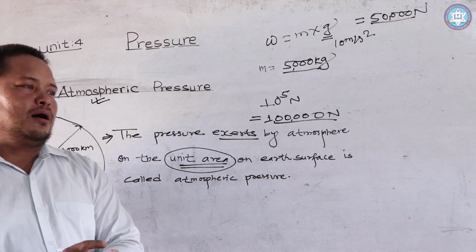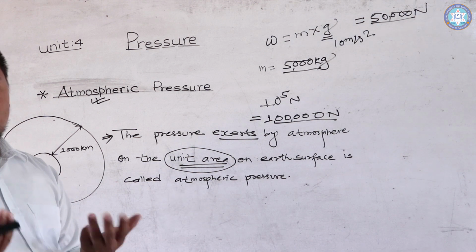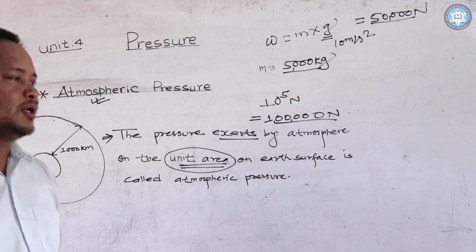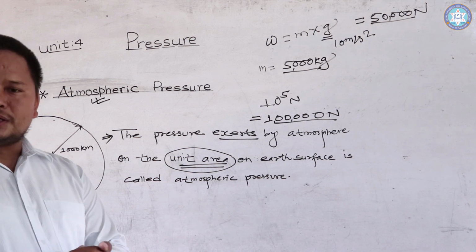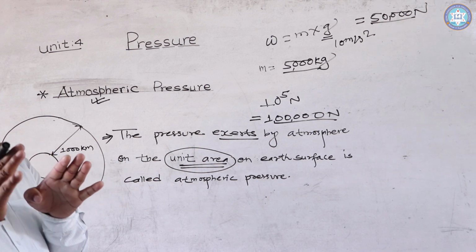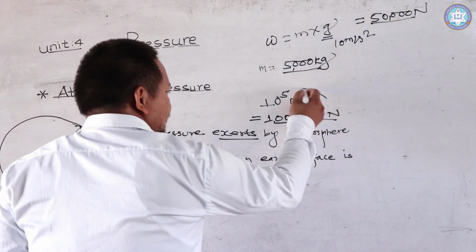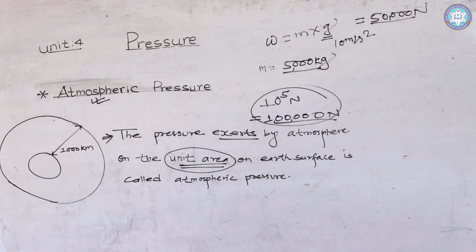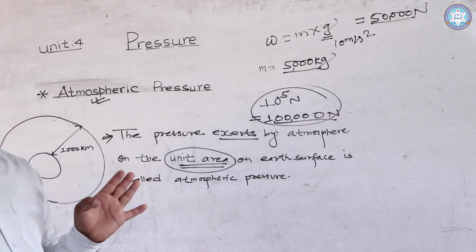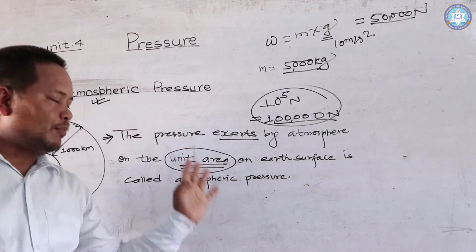So many fluid-like particles are present inside our body, which also produce pressure to the outside, and we are nearly equal with such type of pressure. So it is balanced, so we can't feel such great force, great pressure.